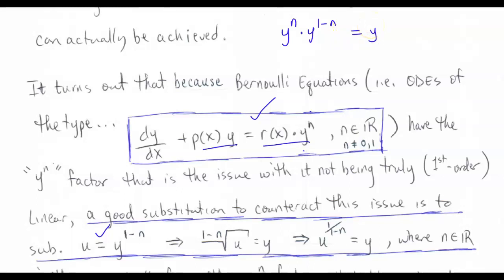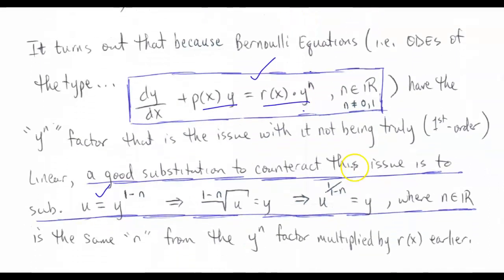In essence, that's the motivation for making this kind of substitution. We'll get a little deeper into the whole process. We're not going to use it exactly like that in these equations, but that's the motivation for it.